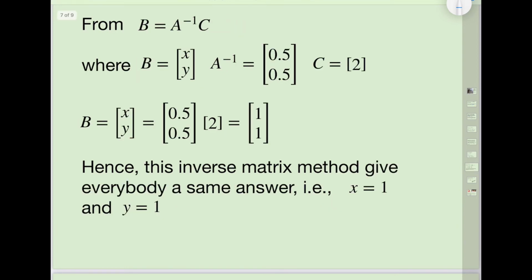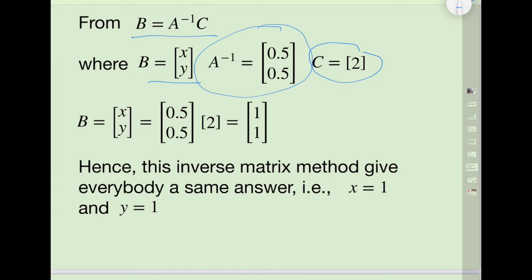Having the inverse means that we can get B, which is x and y. We have A inverse now, and we have C. So we multiply them together, and we get the answer 1, 1. It means x equals 1, y equals 1, the same answer that everybody will get.